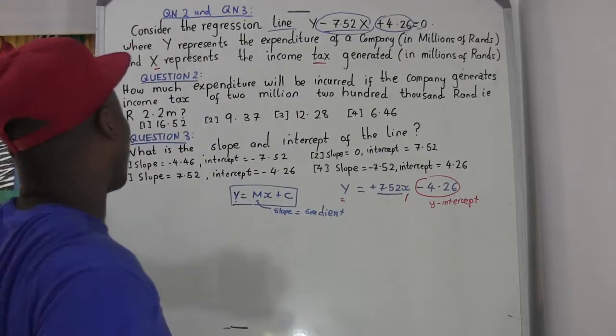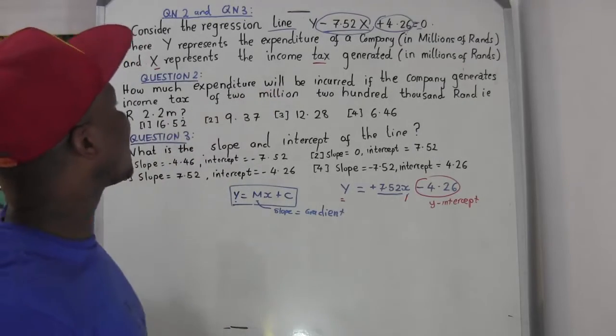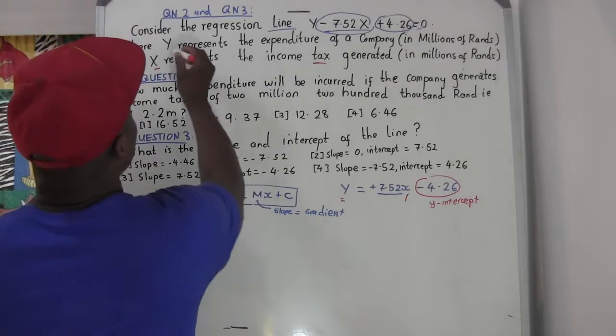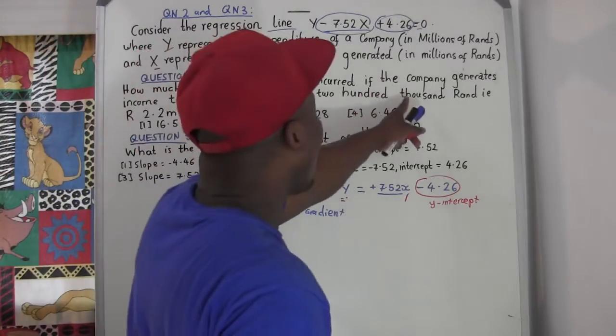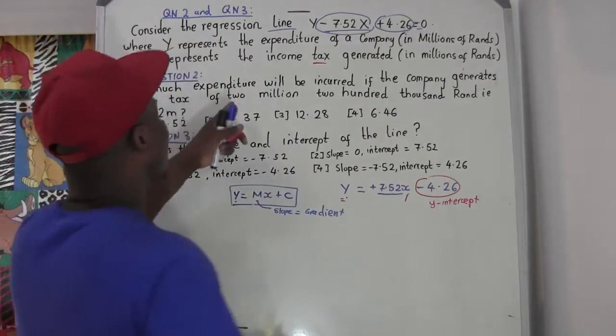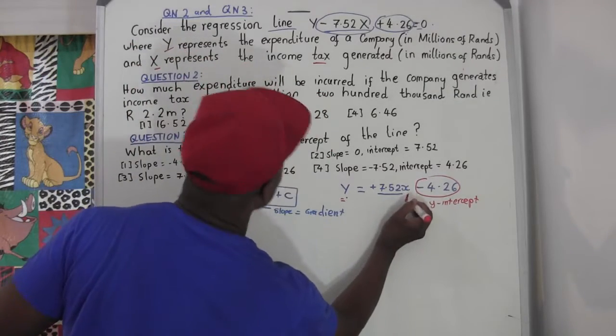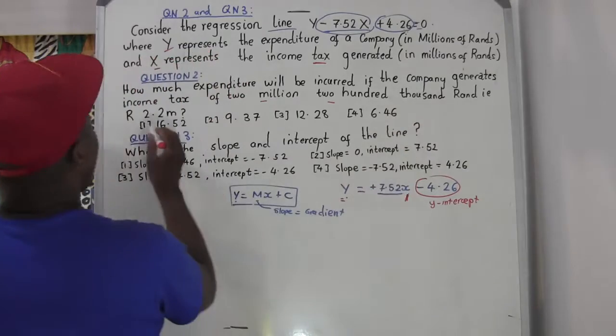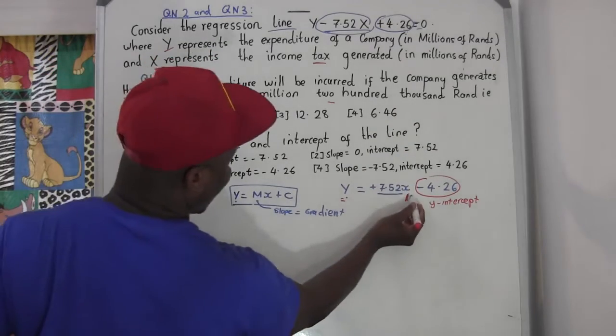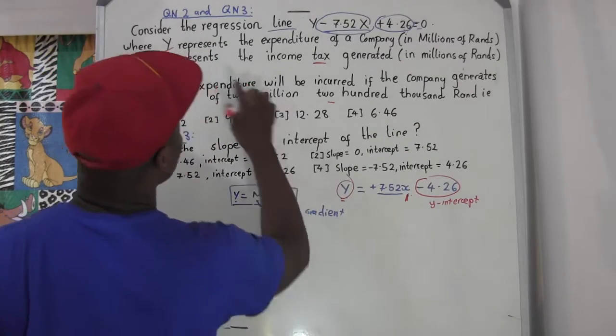So now let's see, what do they want? How much expenditure? Expenditure stands for y, which means we're looking for y. Expenditure will be incurred if the company generates income tax of 2.2 million. Here I'm going to put 2.2 millions. If we put this in here, what is going to happen to the expenditure?